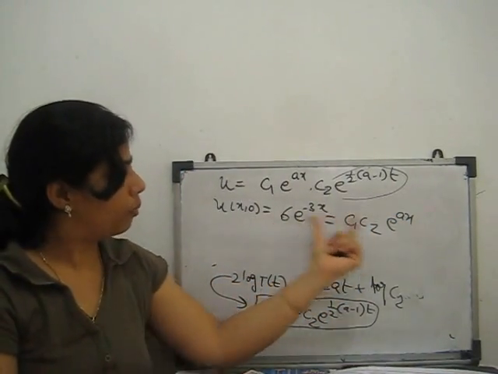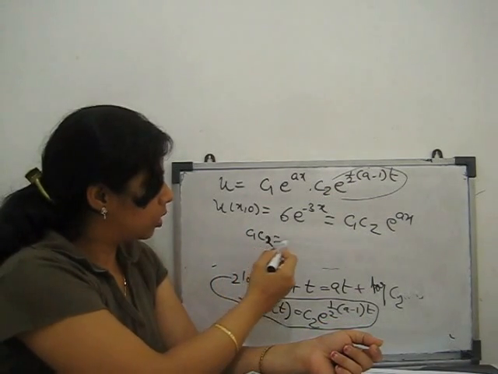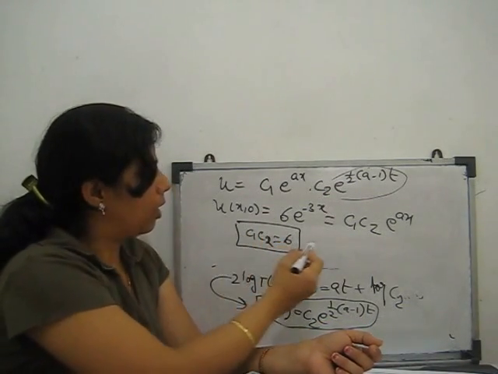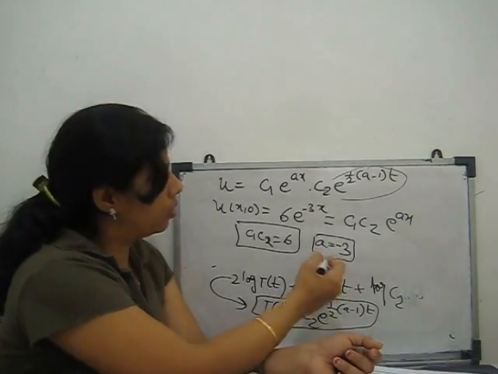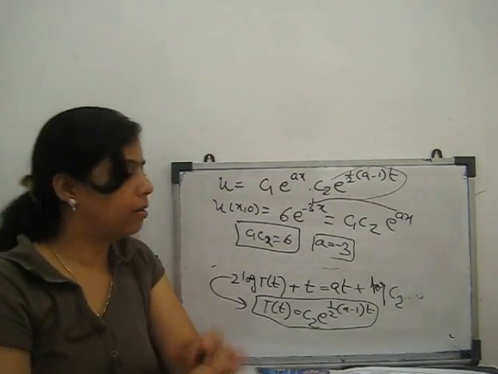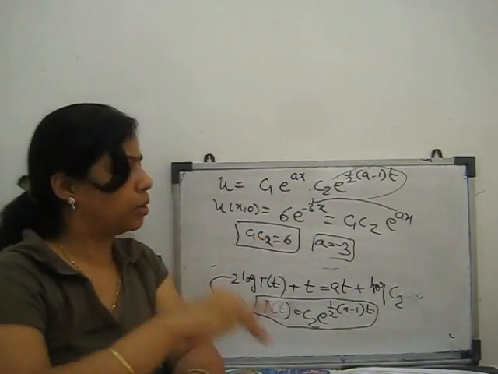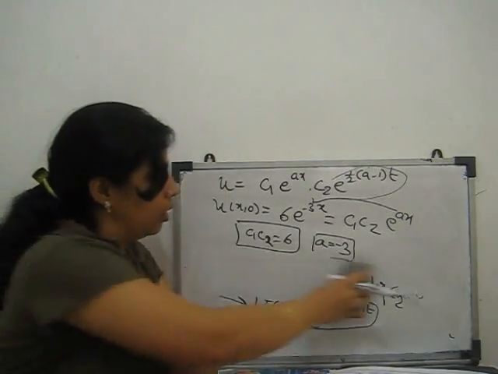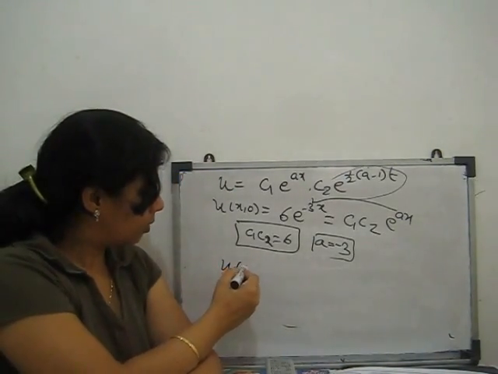It means when we compare both sides, value of c1 c2 is equal to 6 and value of a is equal to minus 3. Clear? So now we will get all the values c1 c2 and a. This we can substitute in the given consideration. We will get the complete solution of the given equation.